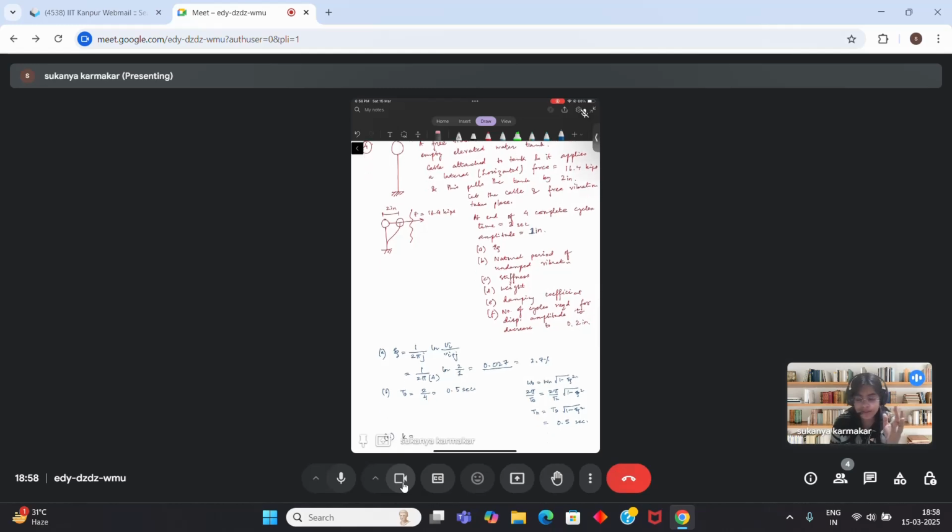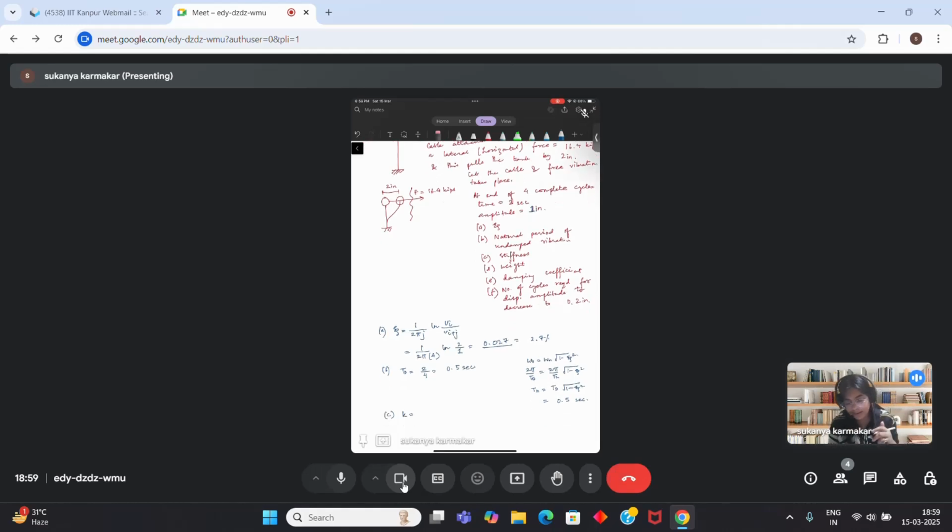So what is stiffness? Stiffness is F is equal to K into X. Stiffness is the force which is required to produce unit deflection. So here, when you pull by 16.4 kips, your displacement is 2 inches. So from there I can calculate stiffness.